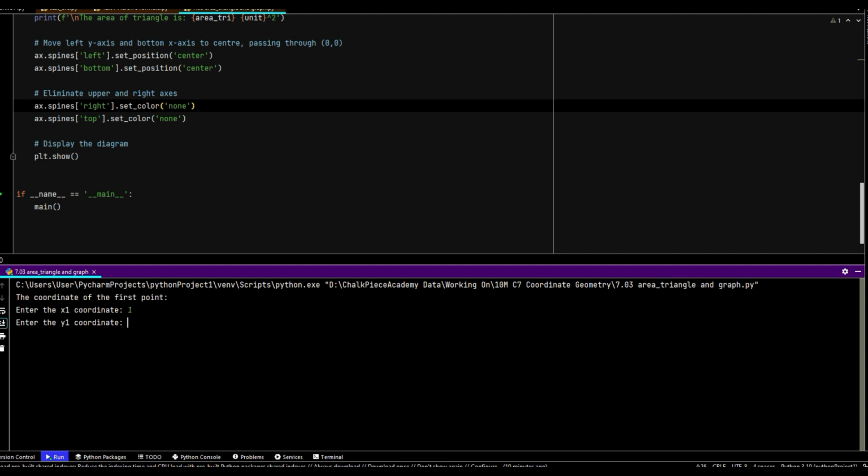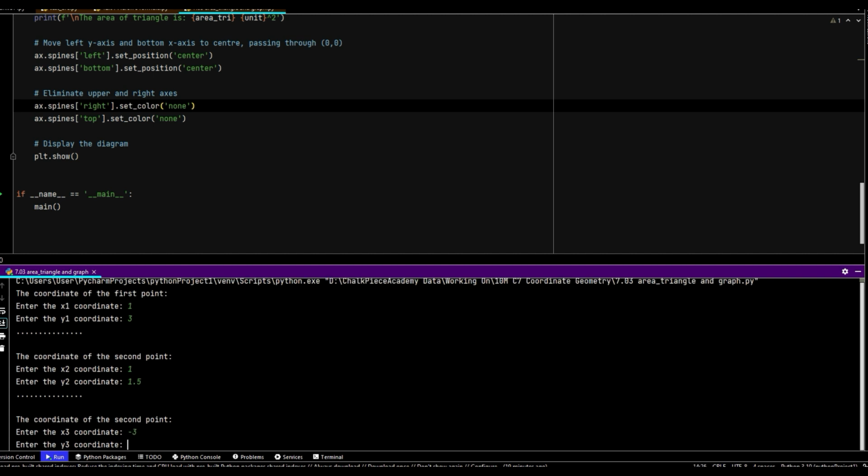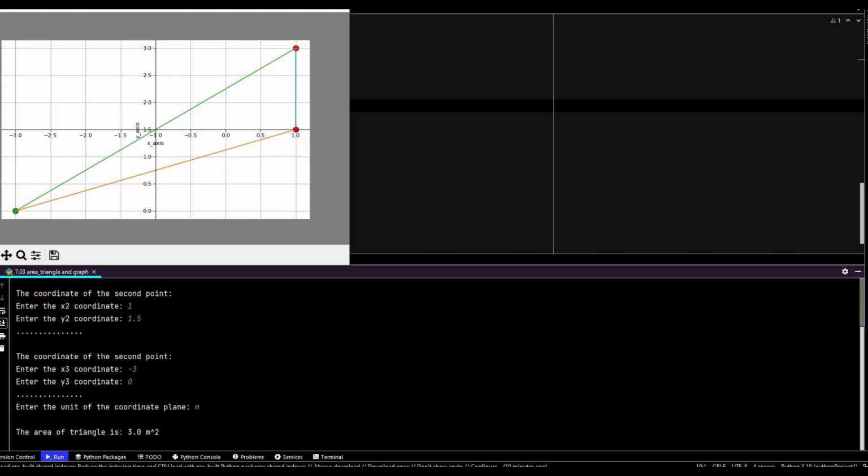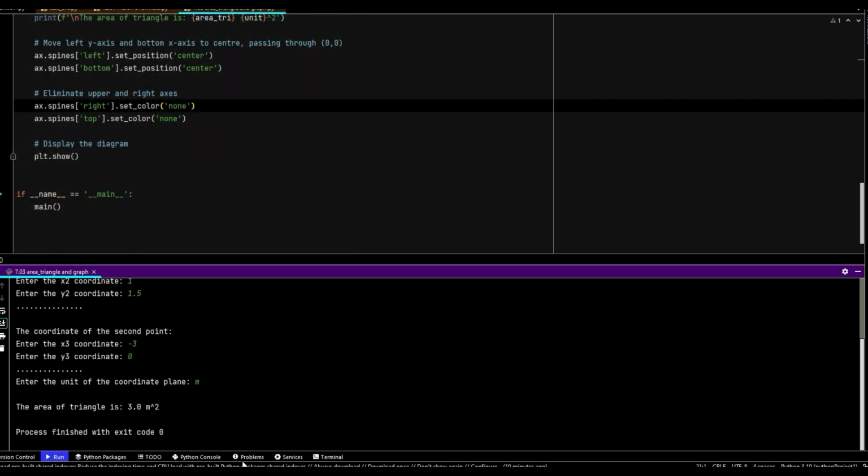So 1 and 3, that will not change. 1 and 1.5. And the last one is minus 3 and 0 meters. Okay, I think I missed it. This is 1.5 and minus 1, my bad. 1.5 and minus 1, okay.